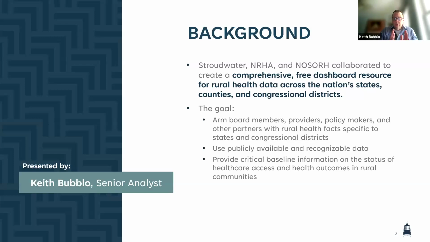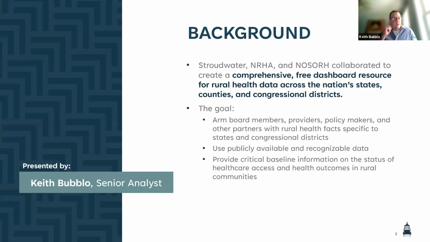So the goal was to have a resource for board members and providers, policymakers and other partners and hospital executives with some rural health facts specific to their state and to their congressional district for advocacy purposes and for knowledge and policy making. So we wanted to use things that were publicly available and recognizable to everybody. So everything that you see in this demo is going to be public data.